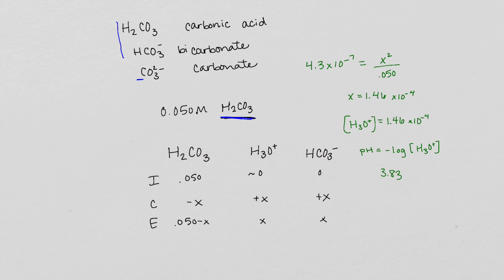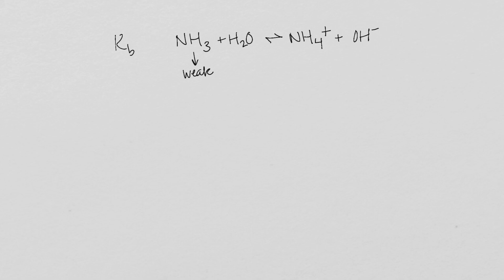So I'll show you what I mean by using ammonia as an example. And so if you have ammonia reacting with water to form the ammonium ion and hydroxide, this is a Kb reaction. This is a base ionization because ammonia is the weak base and we're showing the ionization of ammonia.